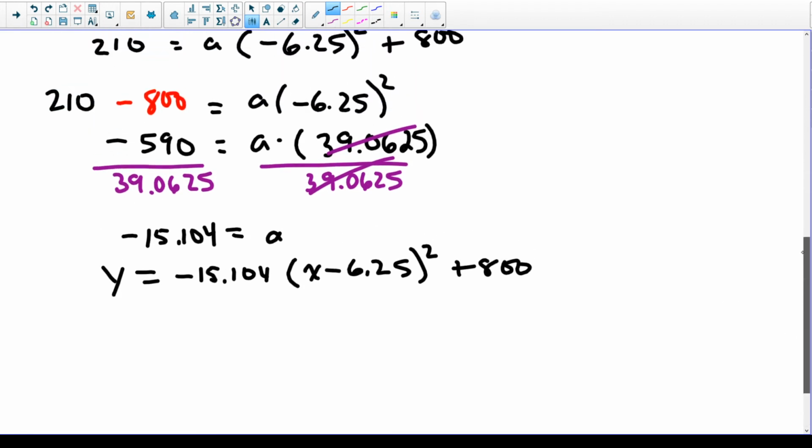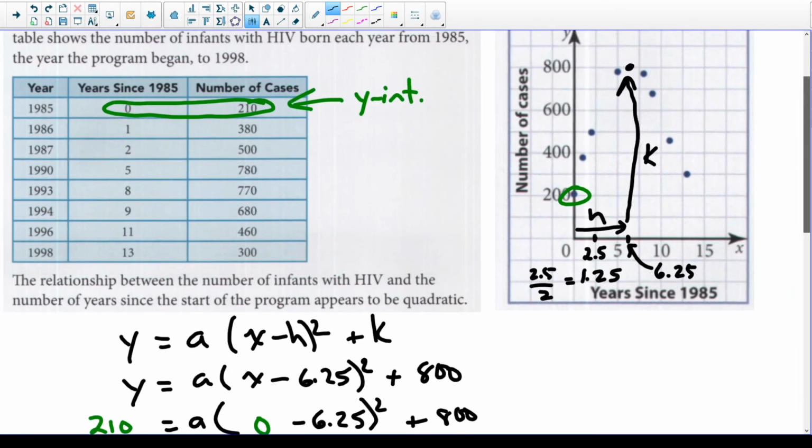Now, why would we want to do that? Well, this graph finishes at year 13 right here. Okay, what if we wanted to find out how it would look at year 15?